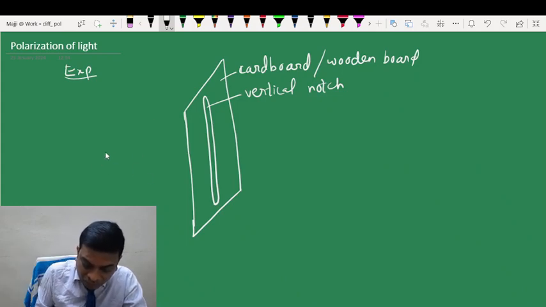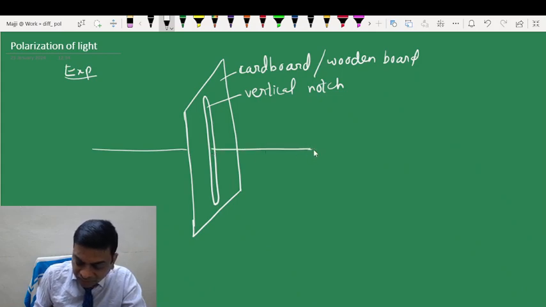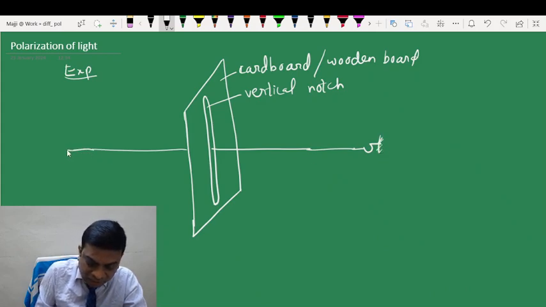Now what we are going to do, we are going to pass a string here. Let us fix one end of the string here, and let us say the other end is being handled by a person.